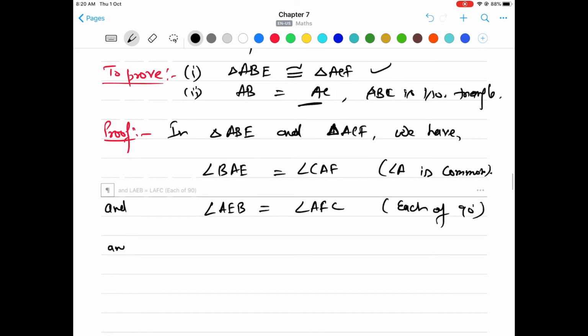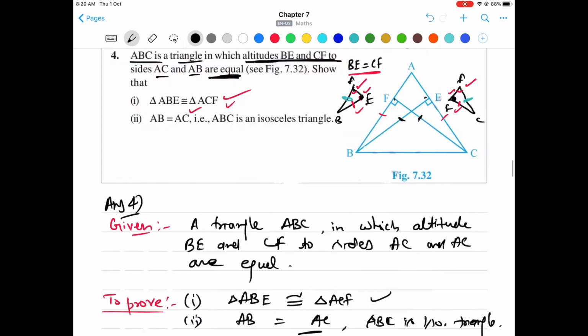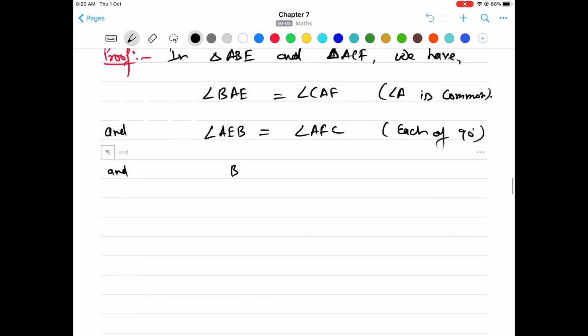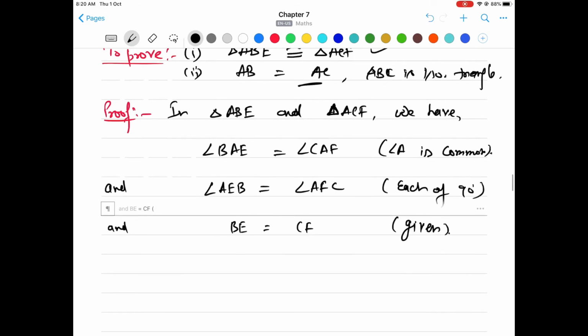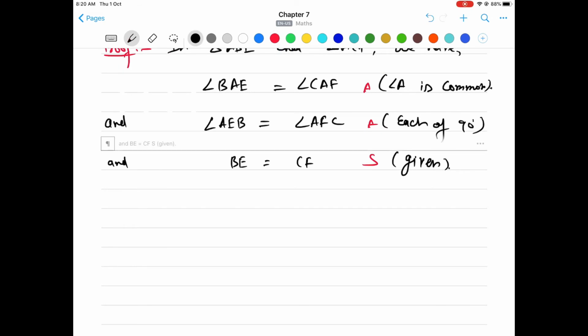And we have another thing, which is that BE is equal to CF. This is also given. So what we got here is angle and side. Therefore by AAS criteria these two triangles will be congruent.